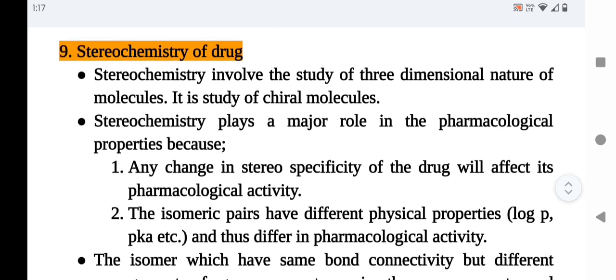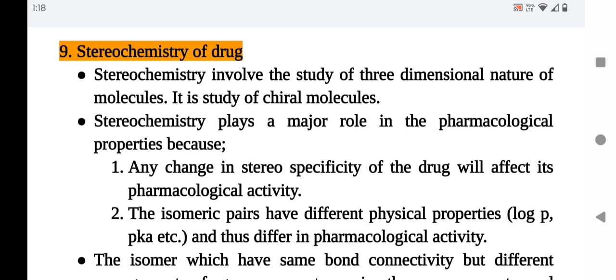Stereochemistry of drug. Stereochemistry involves the study of three-dimensional nature of molecules. यानी कि ये क्या है, 3-dimensional nature of molecules. It is the study of chiral molecules, यानी एक molecule के चारों तरफ जो functional group लगे होंगे वो चारों अलग होंगे, ऐसे को हम बोलते हैं chiral molecules.